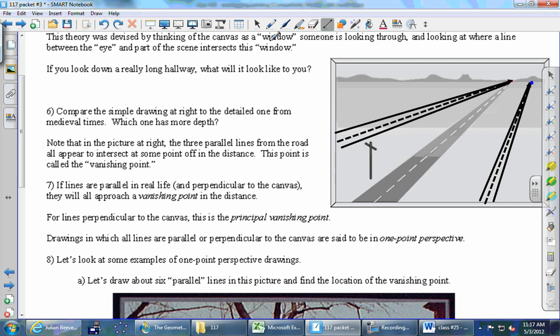And now we've got a different road, maybe parallel to the first one, doesn't have to be. How many vanishing points for this one? 2. This drawing is said to be in 2-point perspective, 2 vanishing points.